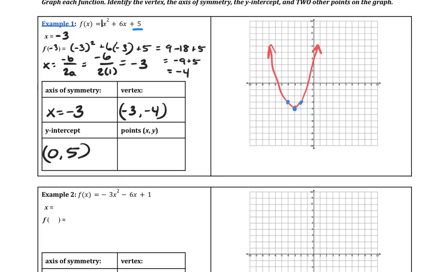Okay, so those points are negative 3. This one right here is at negative 2, negative 3. And this point here is at negative 4, negative 3. Okay, so you got your vertex, a point to the left, point to the right.